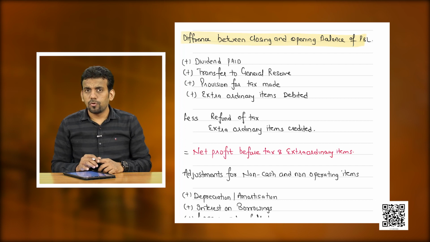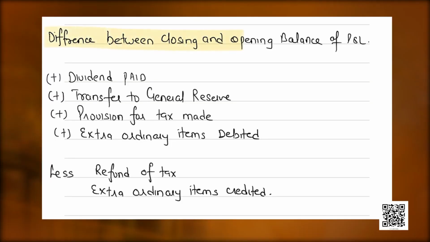That means you would be provided with the profit of 2 years, and the difference is the current profit. So we start with the profit only, because buying and selling of goods, receiving of income and paying of expenses are already done while making the profit and loss account.